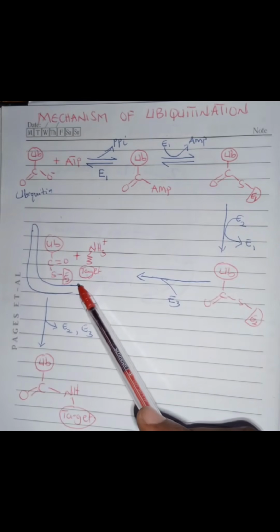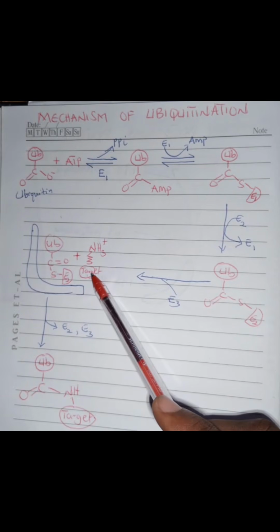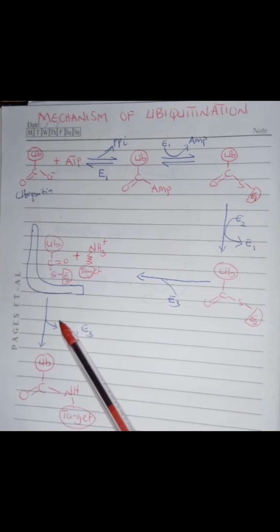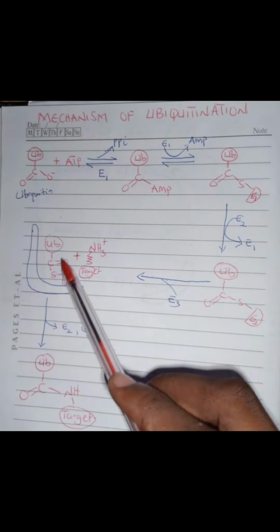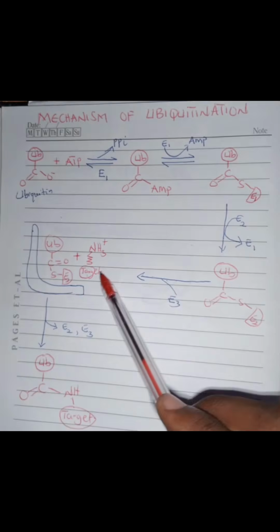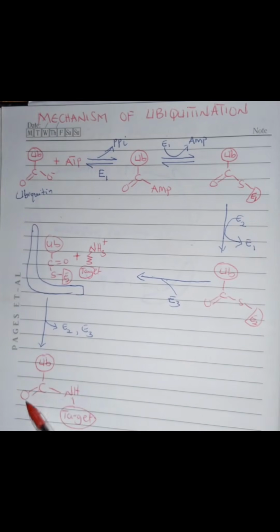After carrying it to the defective protein, the next thing is E2 will go out, E3 will go out, and the ubiquitin will now attach to the defective protein. So this is ubiquitin, and this is the target protein, the defective protein. Any protein that is attached with ubiquitin is meant for destruction.